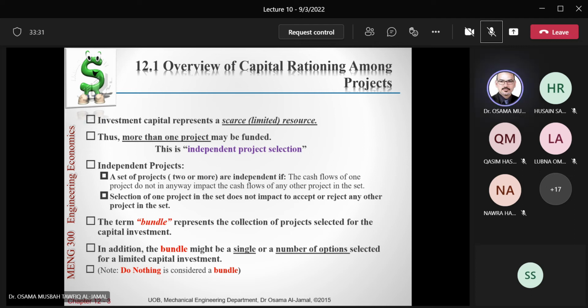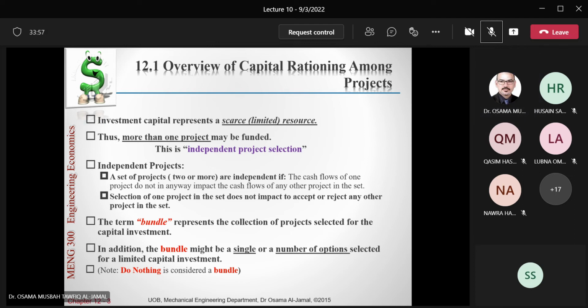That's why it says here the cash flow of one project does not in any way impact the other; they don't interfere, they have no relation to each other. But overall, you are not going to go through this. You are not required later on to tell which project is a good one to select and whether there will be any interference between the two projects.